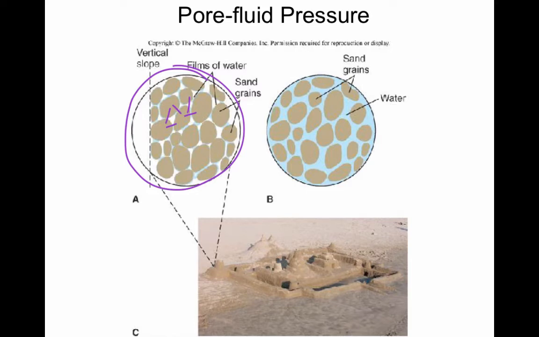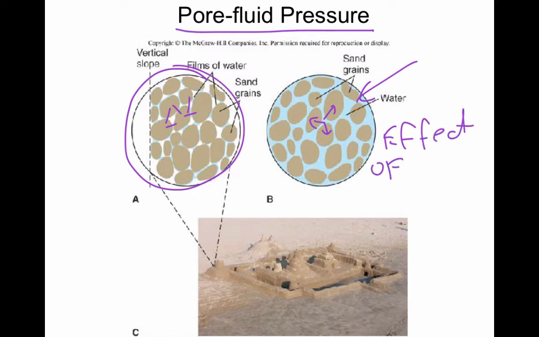Well, you add water between those grains. That water actually, as a fluid, exerts a force on those grains. It pushes the grains apart. Well, if the grains are no longer together and they're apart, they're more apt to move, and when they move, they are much weaker.